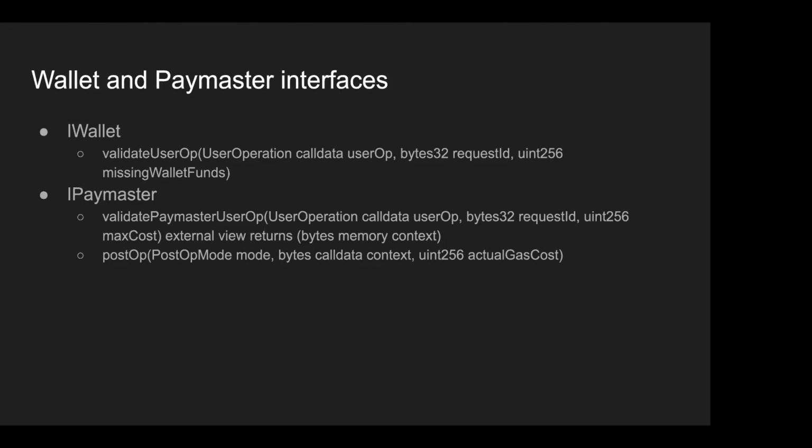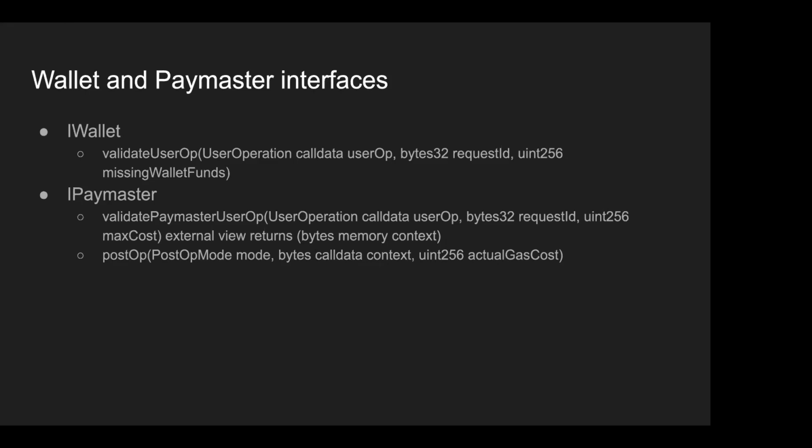And it should also handle the nonce, increment the nonce in the simple case. And finally, it needs to pay the missing wallet funds. So missing wallet funds is what entry point calculates to be the missing funds for the maximum cost.